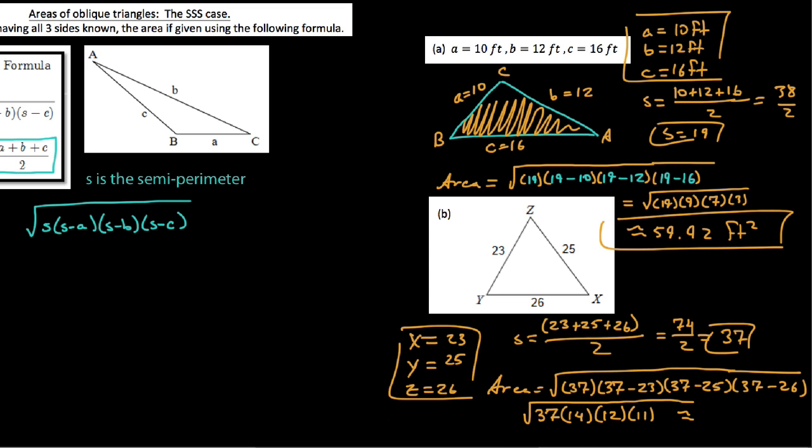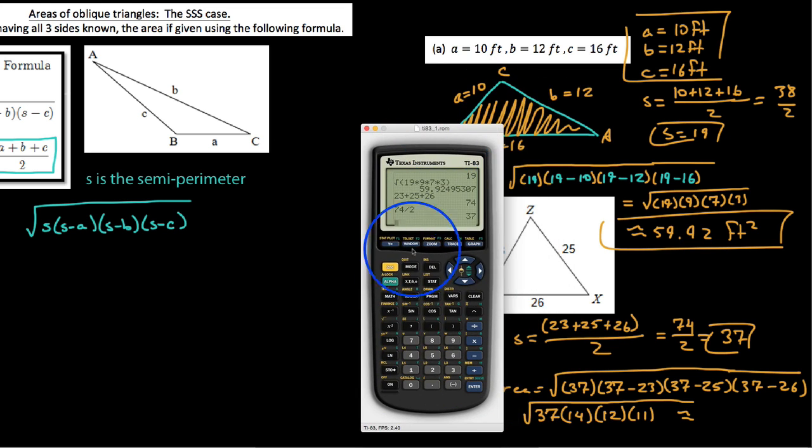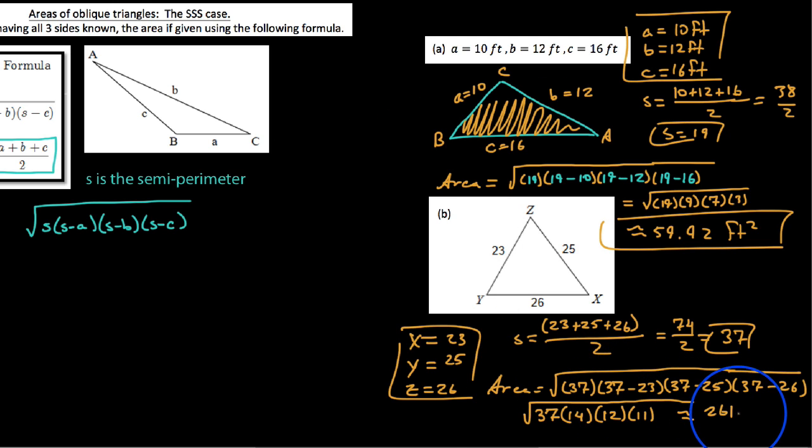In the calculator, we type the square root of 37 times 14 times 12 times 11. We end up with about 261.49 units squared.